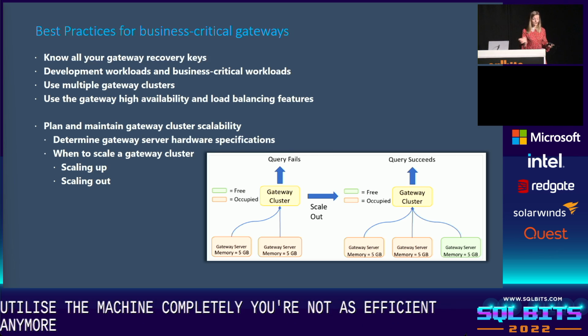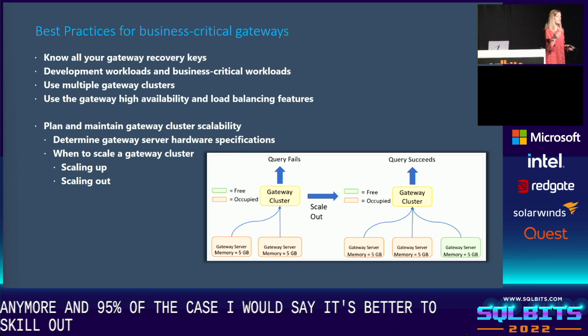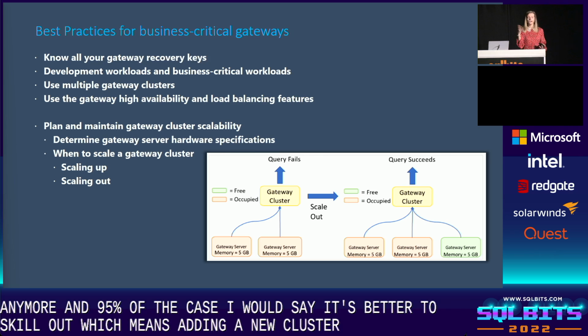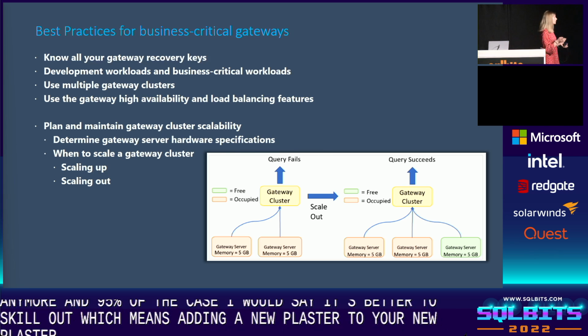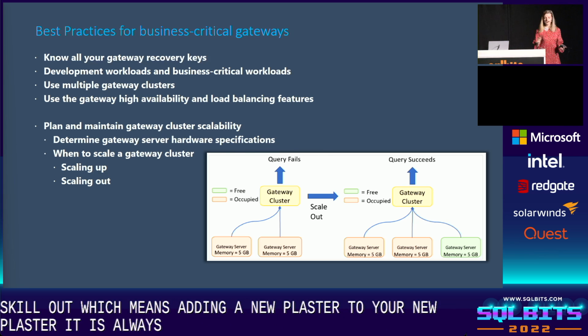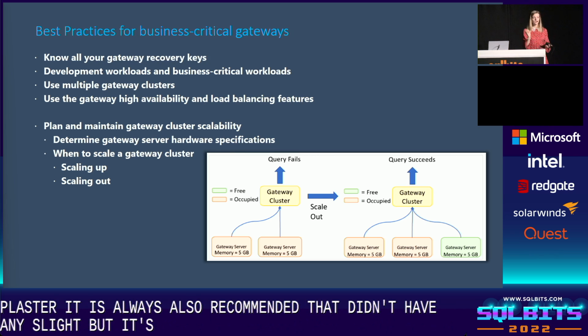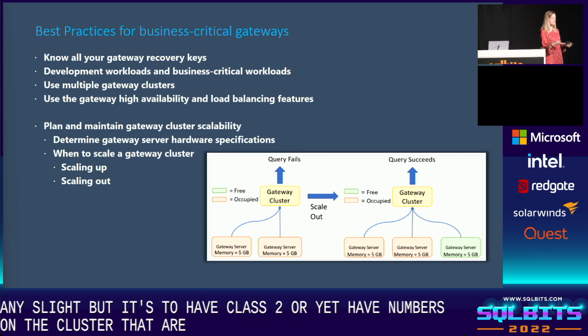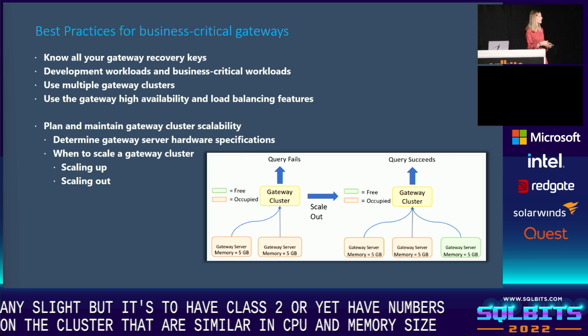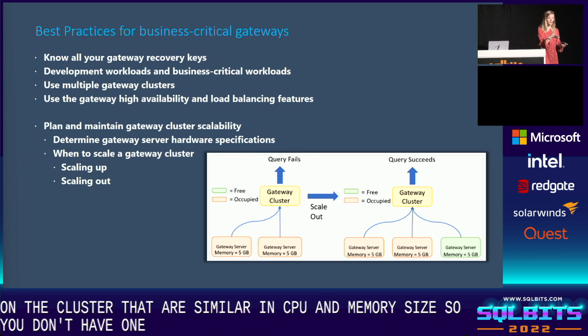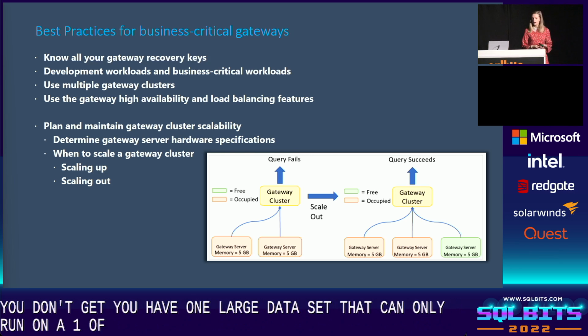So in 95% of the cases, I would say it's better to scale out, which just means adding a new member to your cluster. It is also always recommended, though I didn't have it in the slides, to have members in the cluster that are similar in CPU and memory size, so that if you have one large data set, it doesn't only run on one of the specific members.